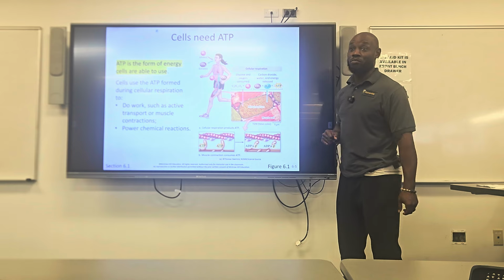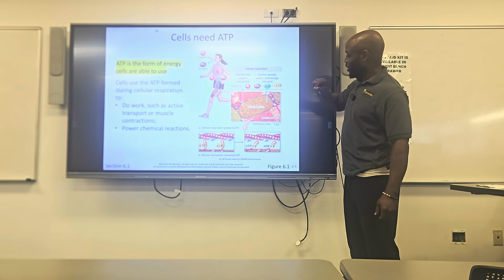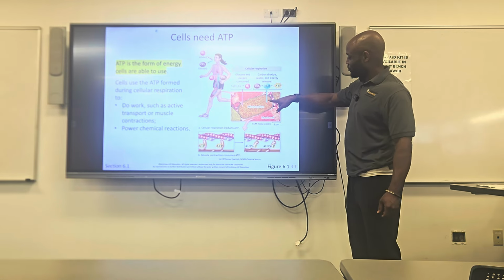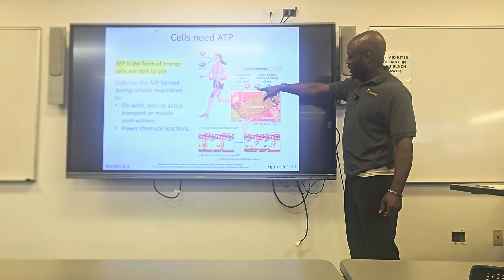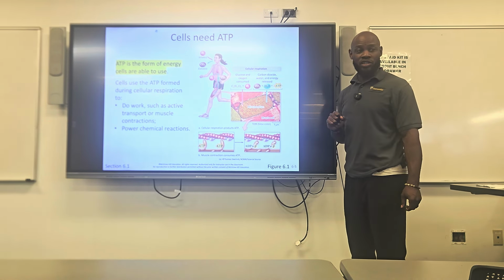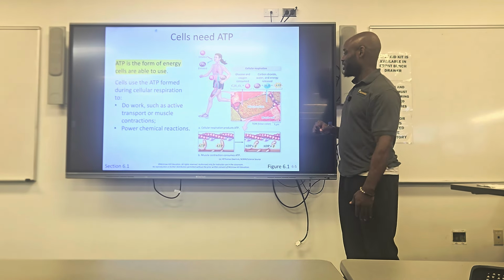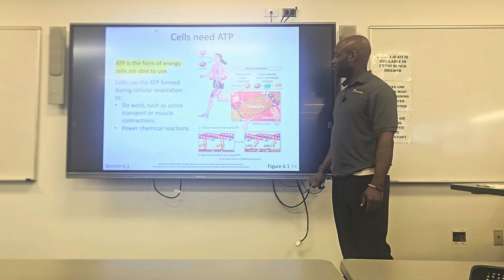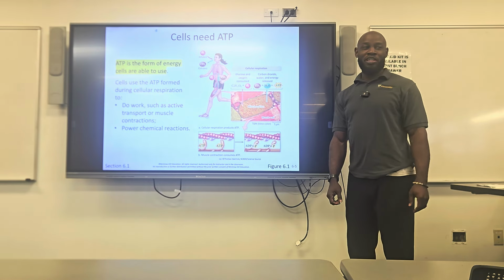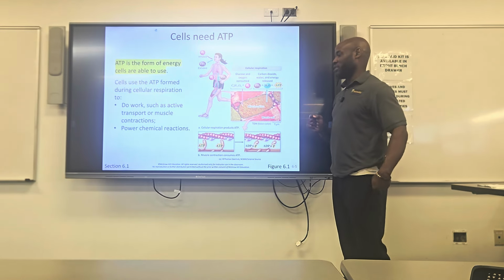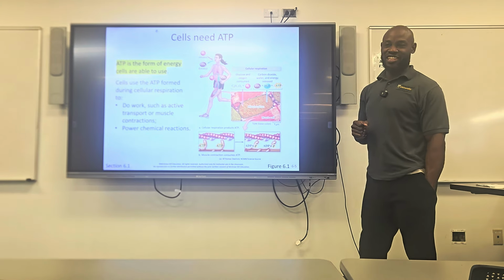You get oxygen from breathing, and inside of your body, you have the reaction and you're able to convert it to CO2. Where does that CO2 go? You breathe out. Water and ATP. This ATP is, like I said, the gasoline of the cell.